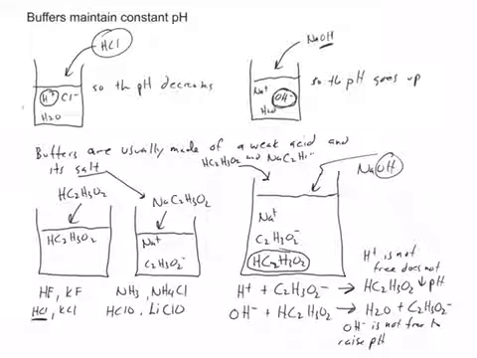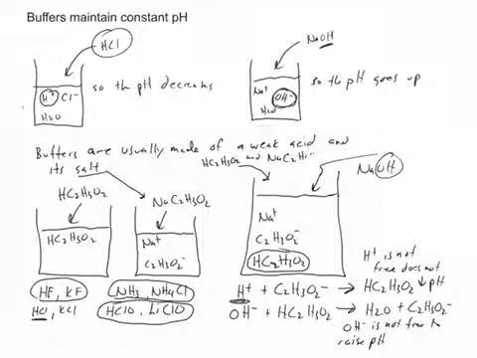So all of these right here would be good buffers. They would have a particle that would react with added hydrogen or added hydroxide. Buffers maintain a constant pH by having something that will absorb hydrogen ions, and they must also have something that absorbs hydroxide ions.